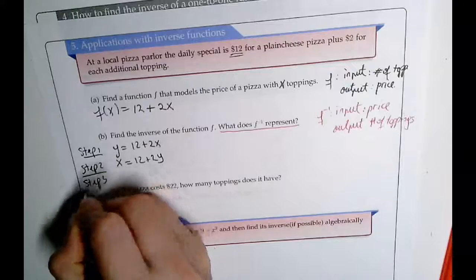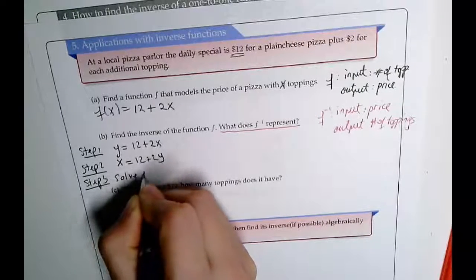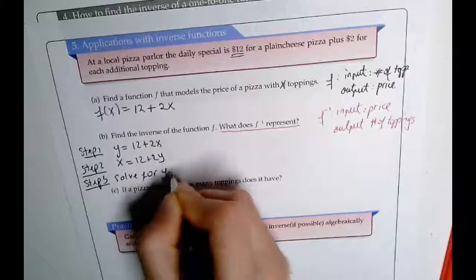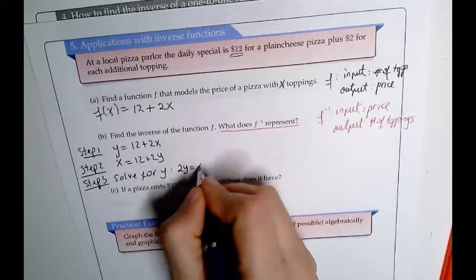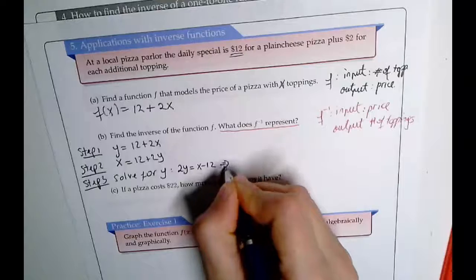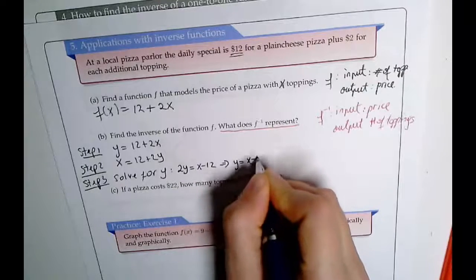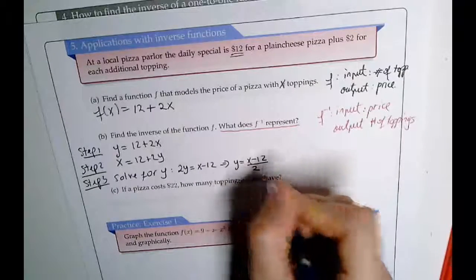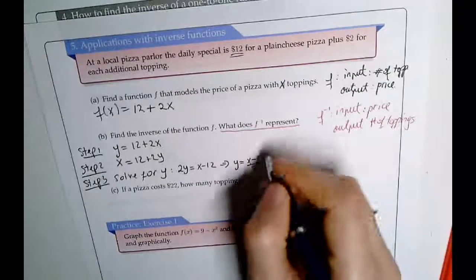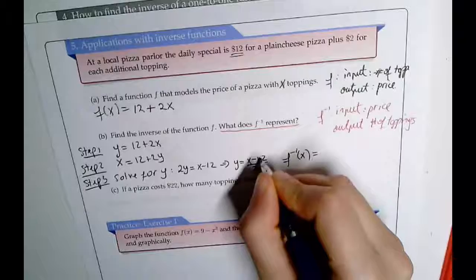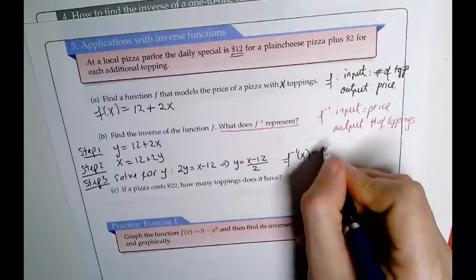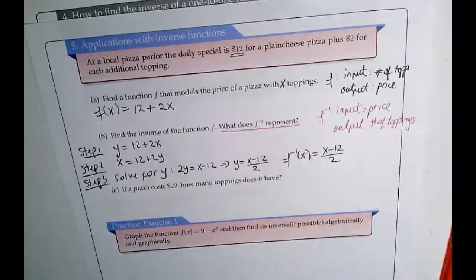Step 3, solve for y. So that's going to be 2y equals x minus 12. So then y equals (x minus 12) over 2. And this is my inverse now. Step 4, the inverse is (x minus 12) over 2.